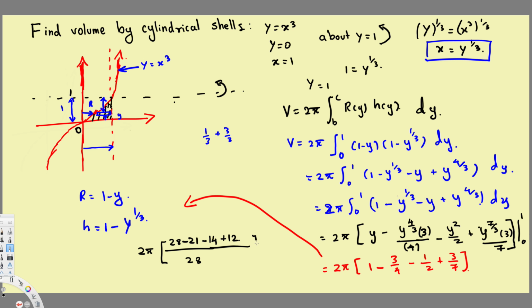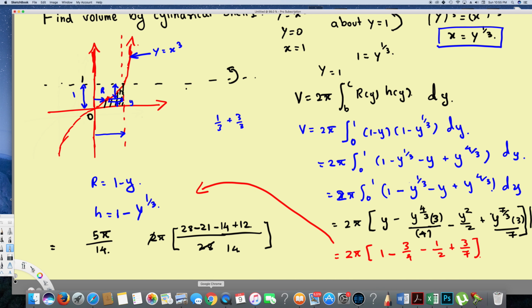So the final answer is going to be, also we can simplify this one, the 5 on the top cancels with this one, and that's going to give us 5 over 14 as the final answer. So the volume of this shaded region is going to be 5π over 14, and that's how we do this kind of problem. I hope you guys find this video helpful. See you next time.